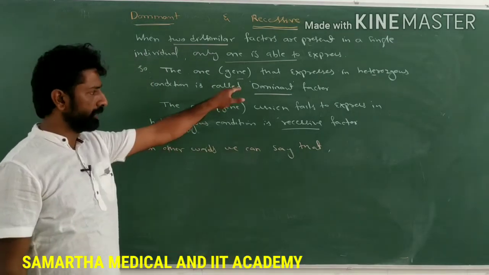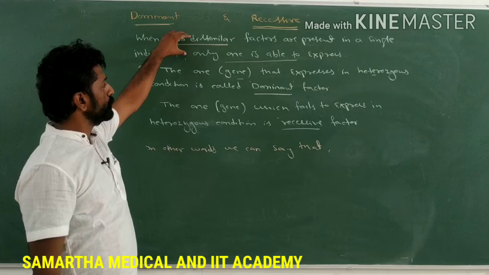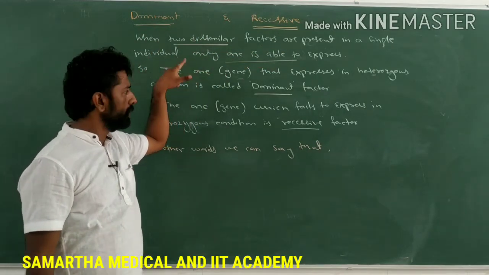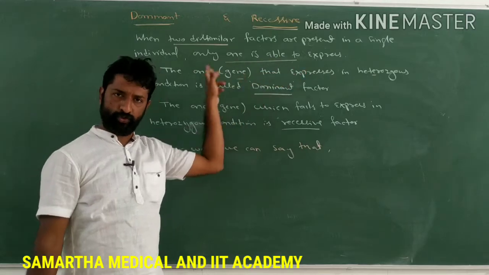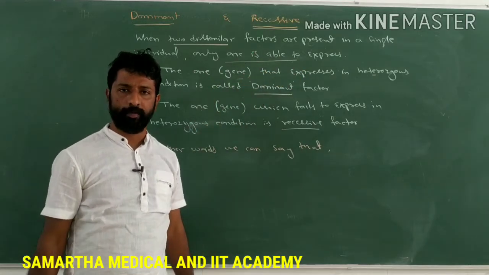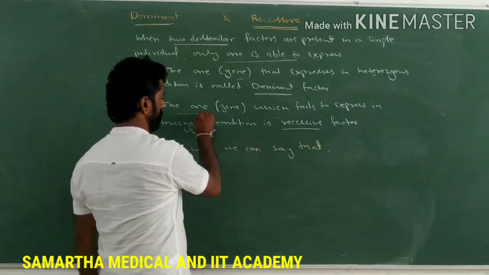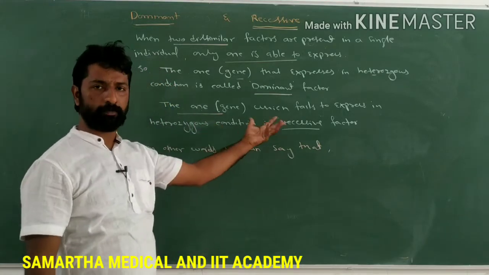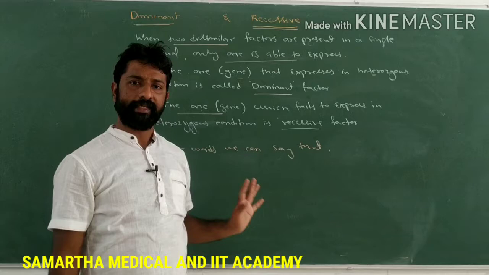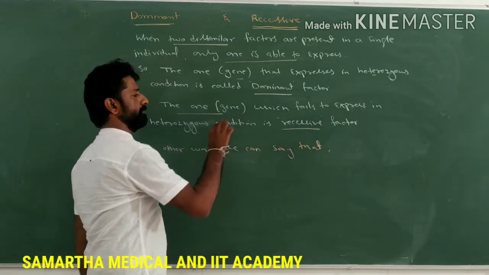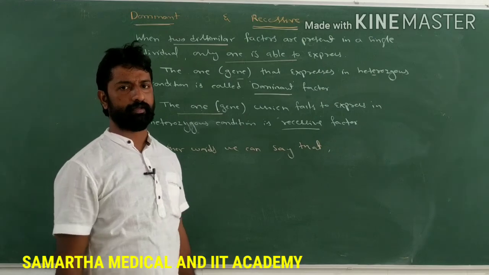Understood? What do you mean by dominant? When two dissimilar factors are present in a single individual, the one that expresses in that heterozygous condition is called a dominant factor. Similarly, the one which fails to express itself in the heterozygous condition is called a recessive factor or recessive gene.